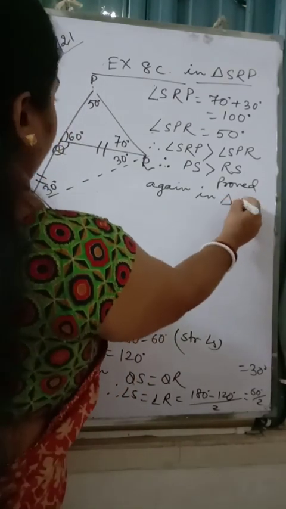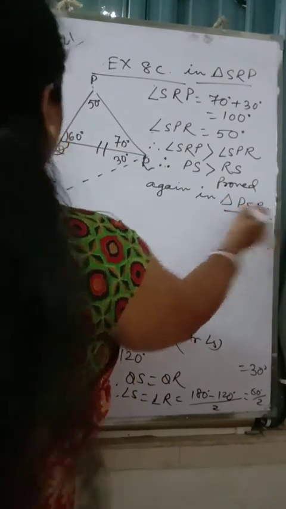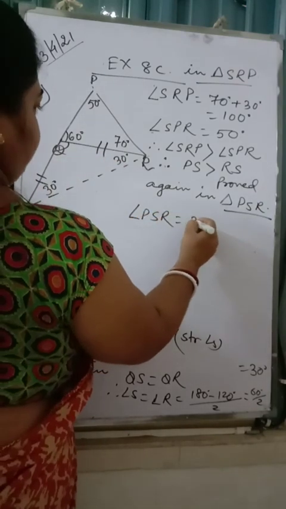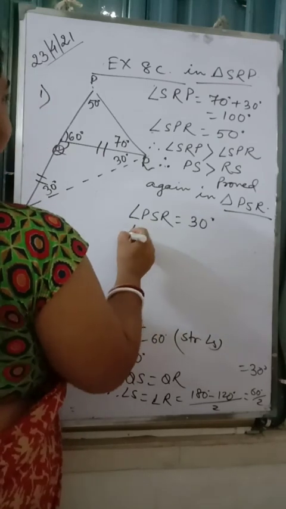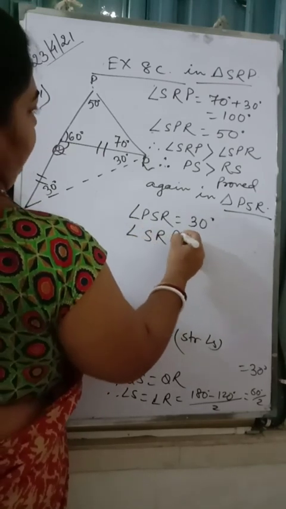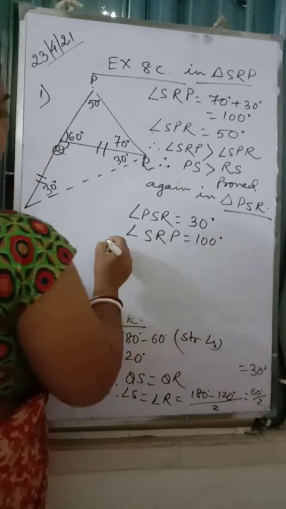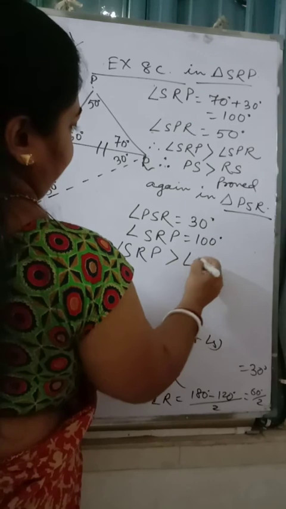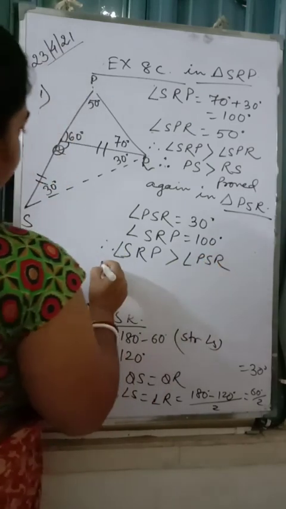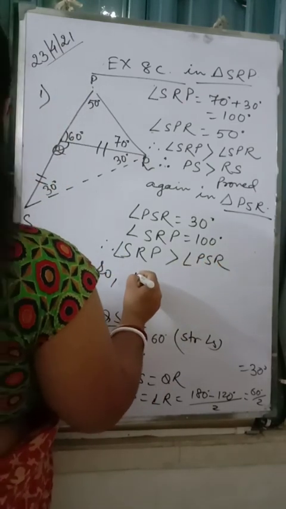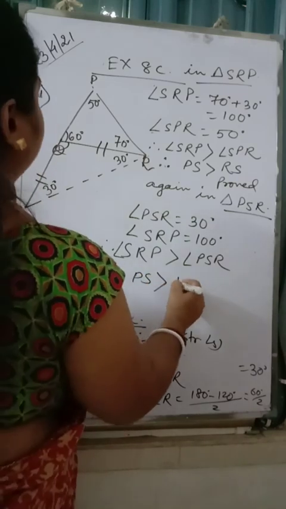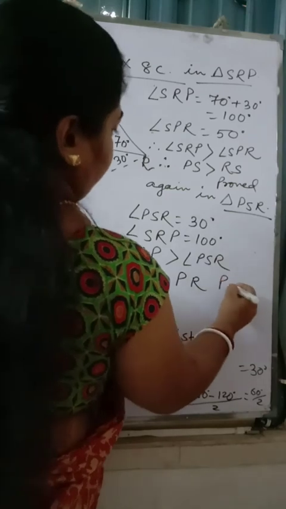Again, in triangle PSR, angle PSR is 30 degrees and angle SRP is 100 degrees. So angle SRP is greater than angle PSR. So PS is greater than PR. Proved. So number 1 is written here.